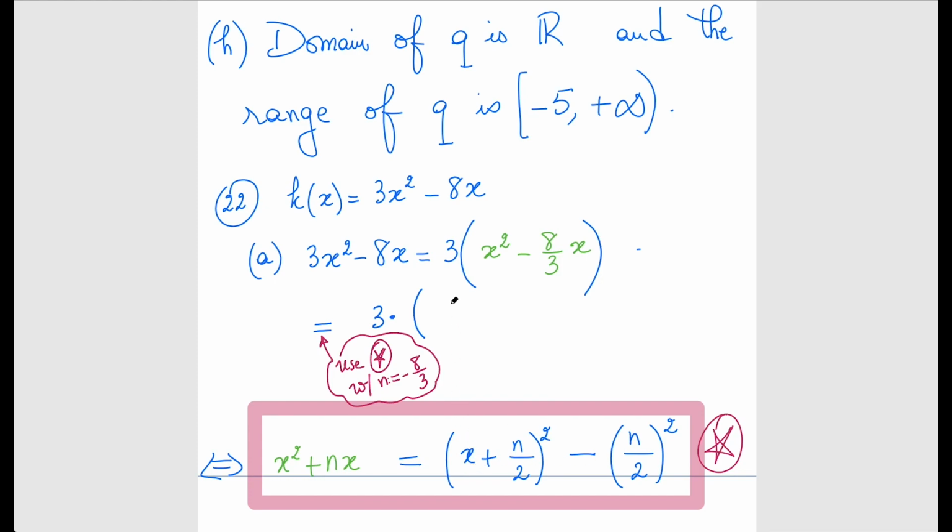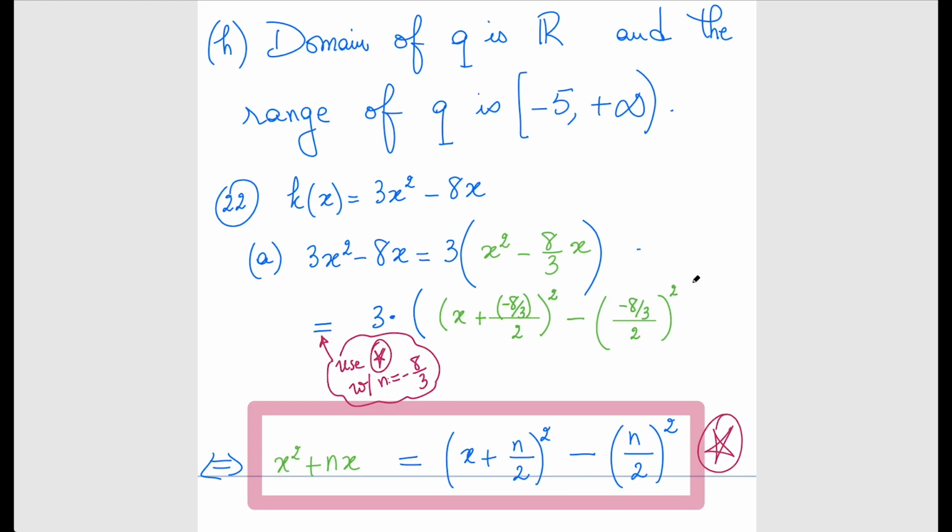It's gonna be x plus n over 2, with n being -8/3, so -8/3 divided by 2, squared, minus the square again of n over 2, and n over 2 was minus 8 over 3 divided by 2, right?